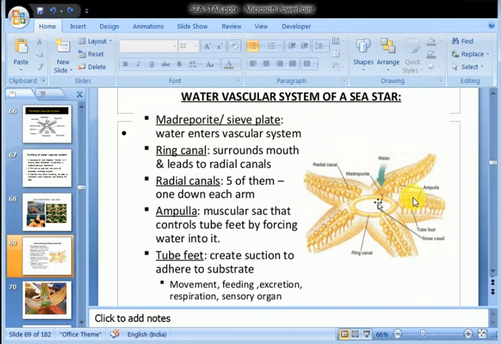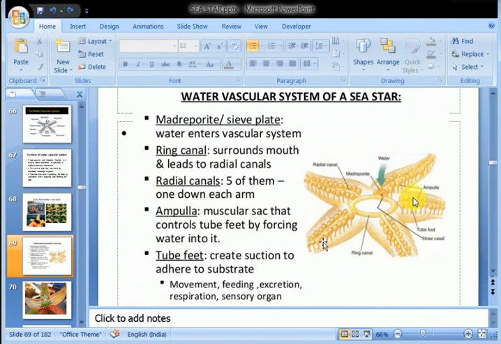So from the aboral side, this opening, and then water leading to this ring canal, which is on the oral side. This surrounds the mouth, and we know that the mouth is present on the oral side. This ring canal leads to these radial canals. There are 5 of them, 5 radial canals, and each radial canal runs up to the length of the arm.